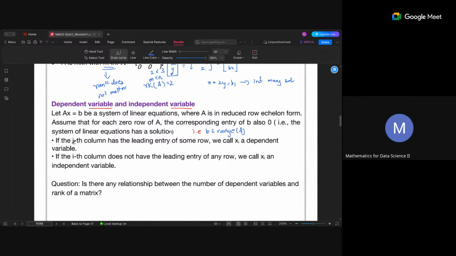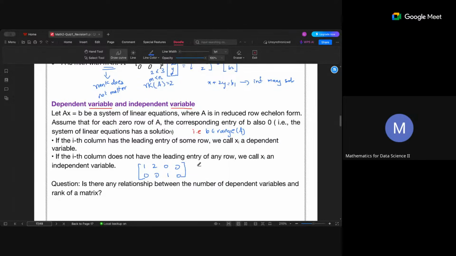If the ith column has the leading entry of some row, we call xi a dependent variable. And if the ith column does not have the leading entry of any row, then we call xi an independent variable. For example, take the matrix we considered earlier: 1 2 0 0 and 0 0 1 0.